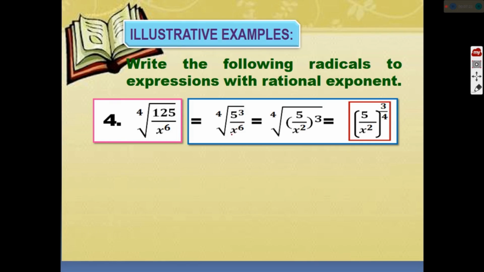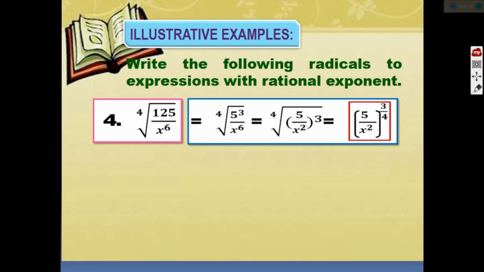All over x to the 6th power. Okay, look at the exponents. Magkaiba yung exponent. So, 3 at saka 6. Dahil magkaiba, ang ilalabas nyo na lang sa parenthesis ay yung kanilang GCF or greatest common factor. So, yung 3 at 6, ang greatest common factor nila ay 3.